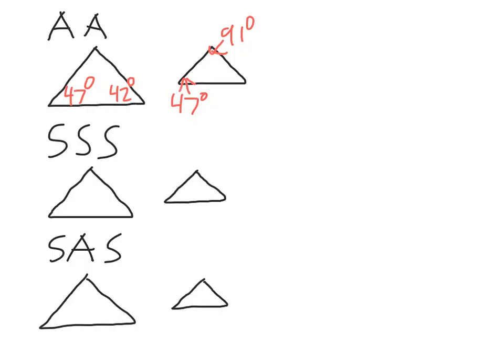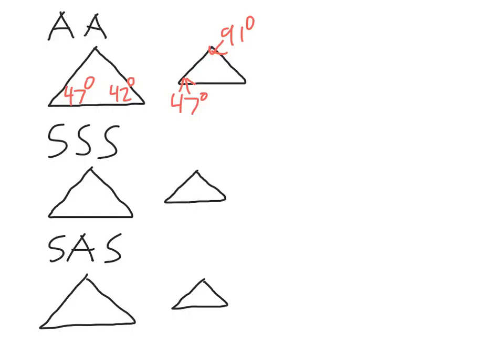This angle is 47 and this one is 91. So we've got one angle congruent to another angle, 47 and 47. Now we need to know that a second angle is congruent. This one's 42, this one's 91.